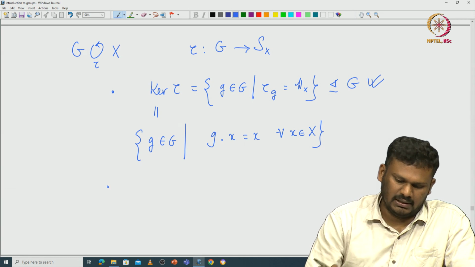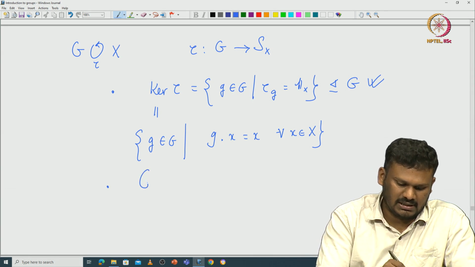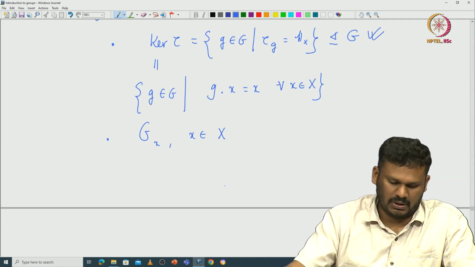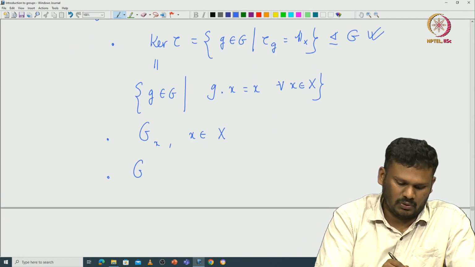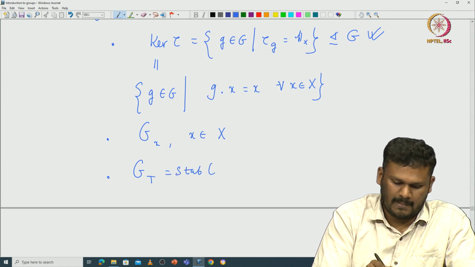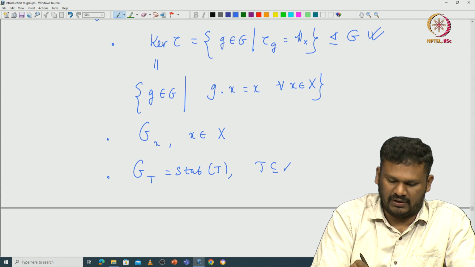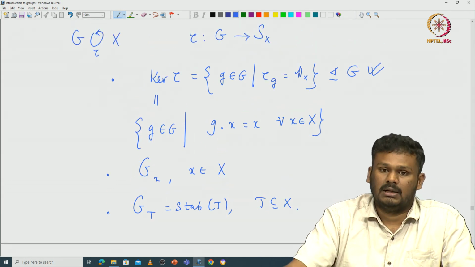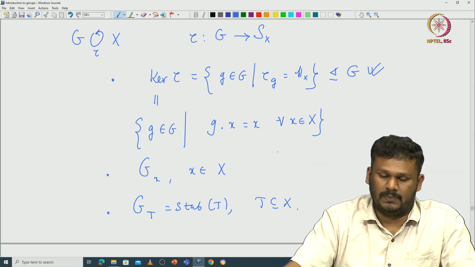We also defined these stabilizers, Gx for x in X, and those are also very important. We also defined the stabilizer of T for any subset T of X. So, these are all important subgroups that are related with a group action.